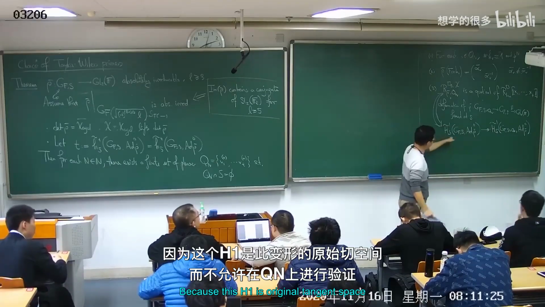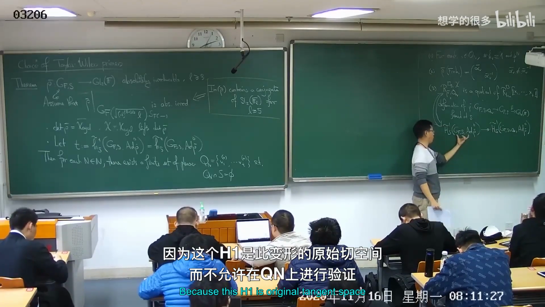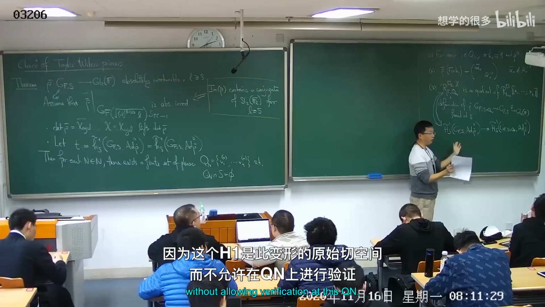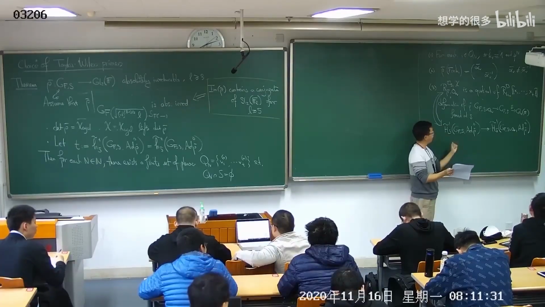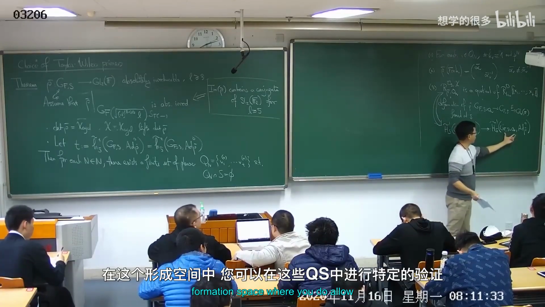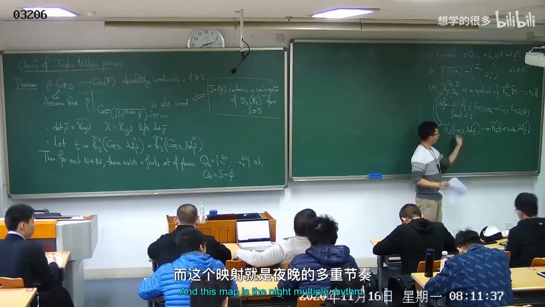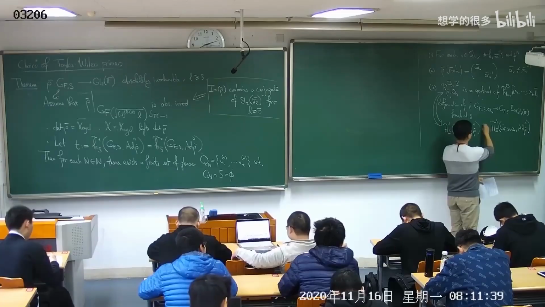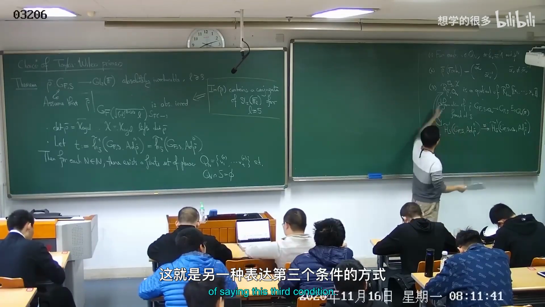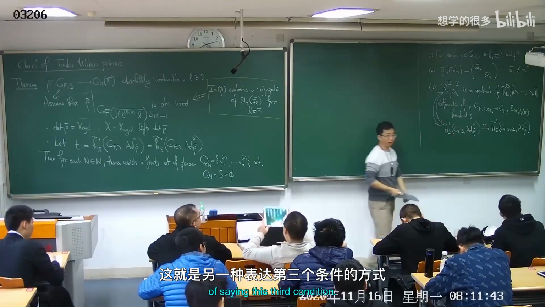Recall that this H1 is the original tangent space for the deformation without allowing ramification at this Qn. And this is a deformation space where you do allow some ramification at these Qn's. And this map is an isomorphism. So that's an equivalent way of saying the third condition.